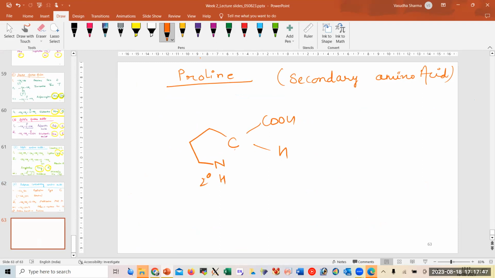Earlier ones were having NH2 separately, so it is named Pro and P. So these are the 20 amino acids that we talked about.